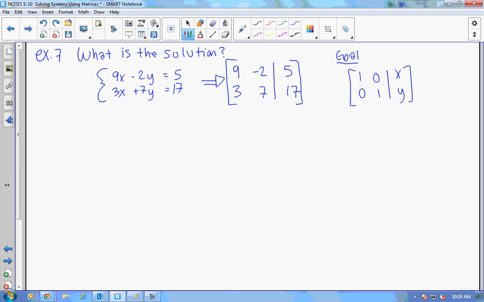Now first, analyze your matrix. Do we have any numbers that are already in the right spots, especially 1s? No. Okay, so let's think of ways we could get either 1 in the top left or 1 in the bottom right.